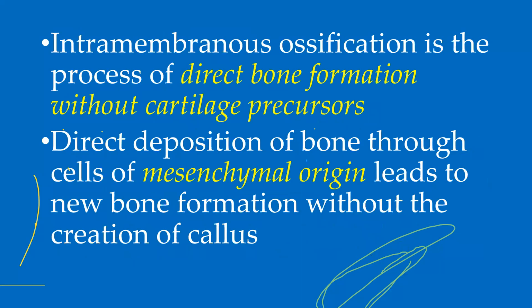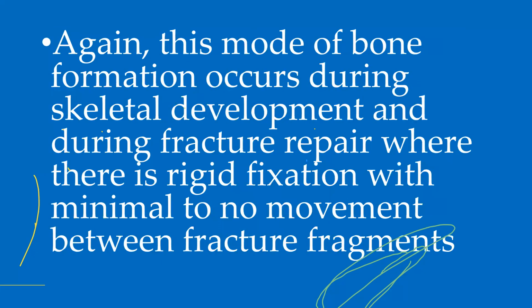A bit about intramembranous ossification. It is the process of direct bone formation without cartilage precursors. Direct deposition of bone through cells of mesenchymal origin leads to new bone formation without the creation of callus. Again, this mode of bone formation occurs during skeletal development and during fracture repair where there is rigid fixation.